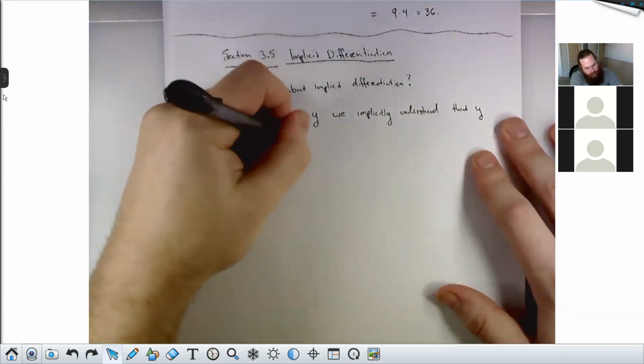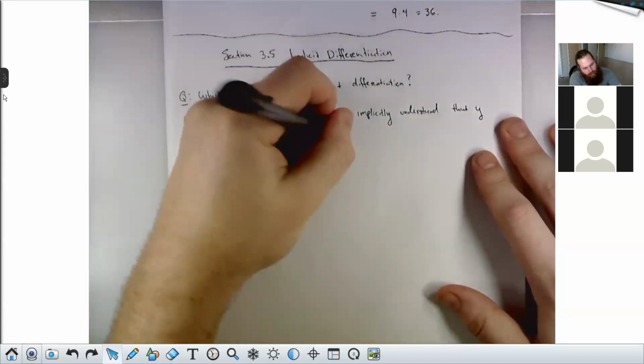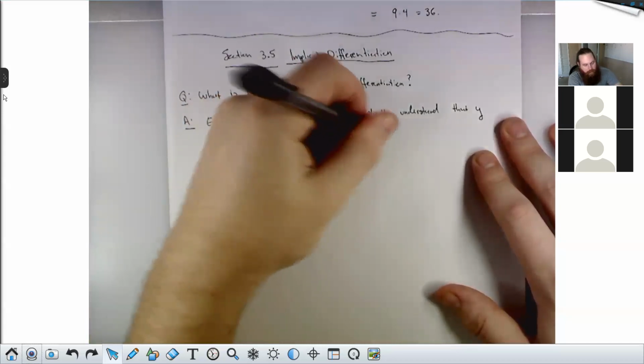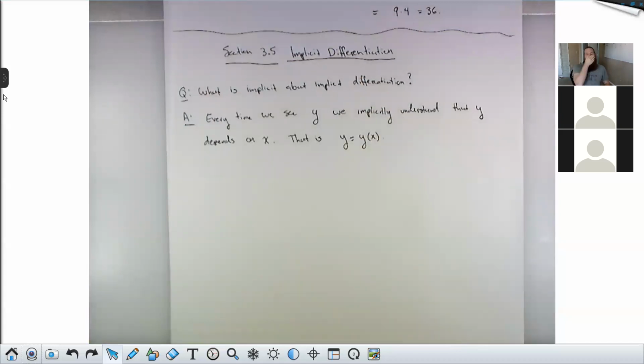That is, y is not an independent variable, but a dependent variable depending upon x. In other words, y is always understood here to be a function of x. This is actually a big deal.